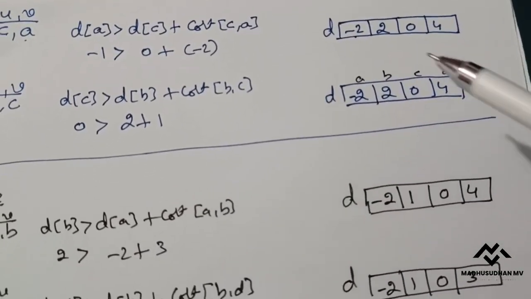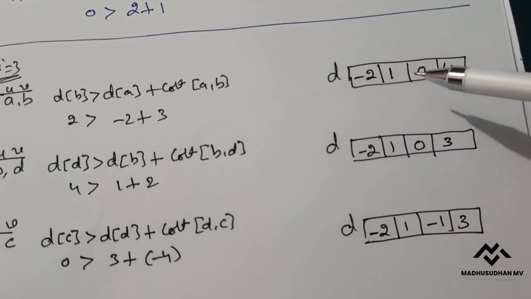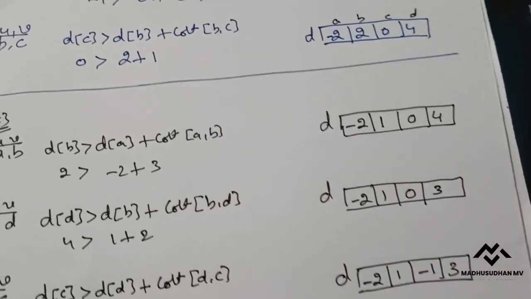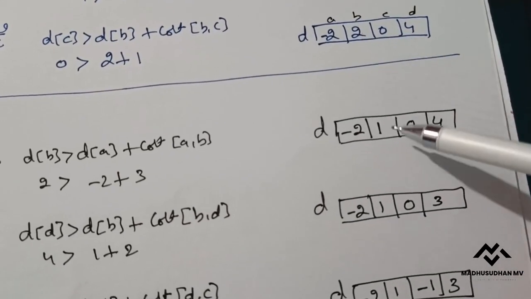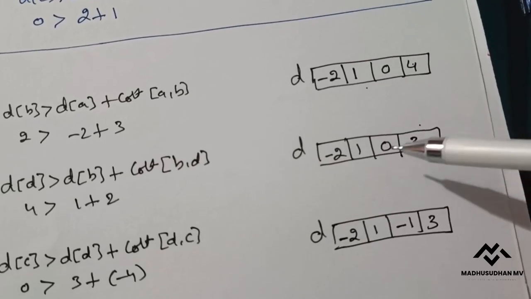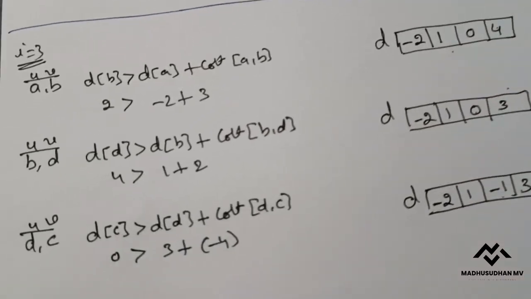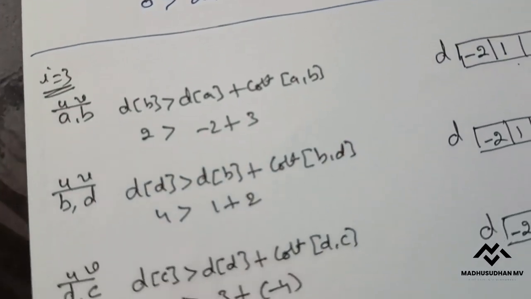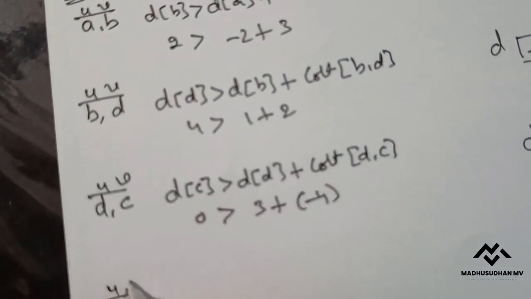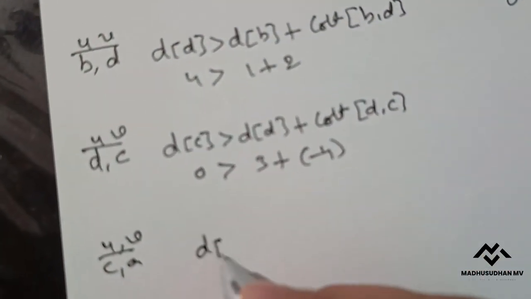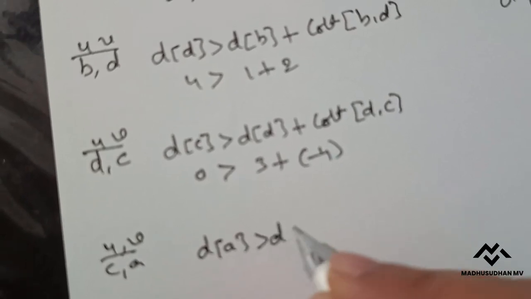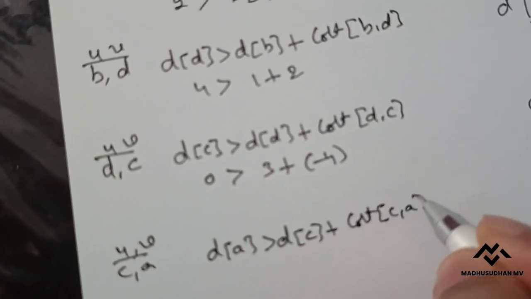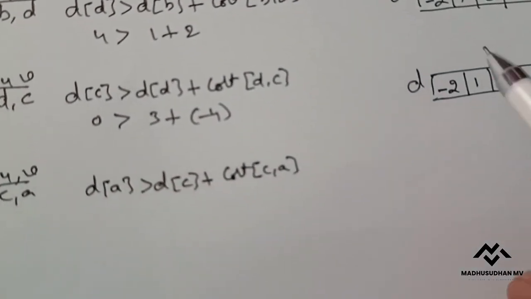See, it keeps decreasing. See, 2 to 1, 4 to 3, 0 to minus 1. It is keep reducing. Okay, next D to C is over. Next C to A. C to A, this is my U, this is my V. So distance of A greater than distance of C plus cost of C comma A. Distance of A is what?